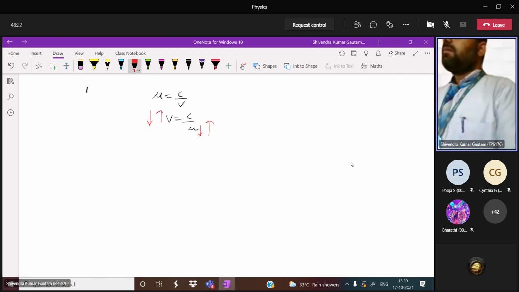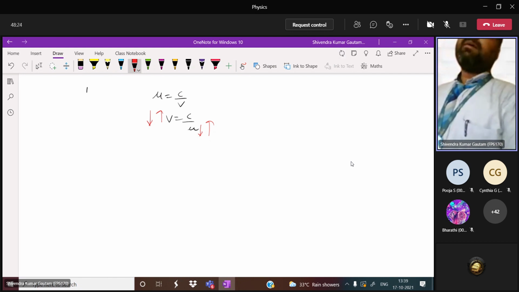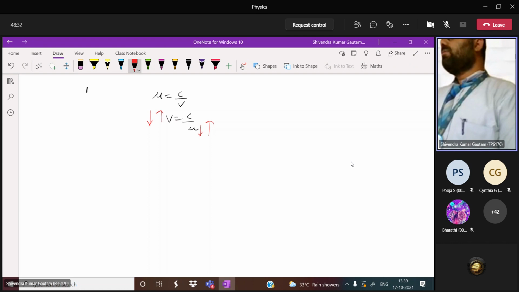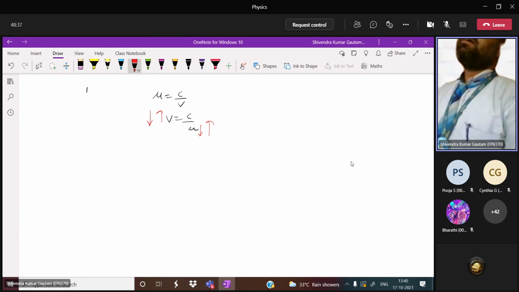Refractive index depends on the type of medium or not? Whether rarer medium or denser medium, whether the ray goes from rarer to denser or denser to rarer, right? So the factor is what? It depends on the nature of incidence and refracted medium.